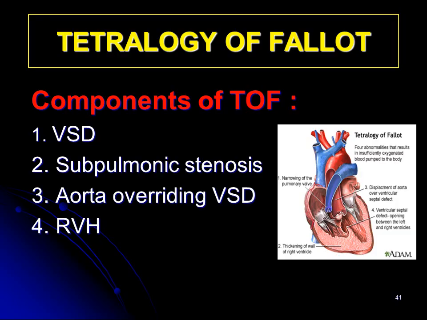With a greater degree of obstruction, however, blood is forced in the opposite direction, away from the pulmonary circuit, leftward towards the ventricular septal defect. Hence, the flow of blood is from right to left side of the heart.